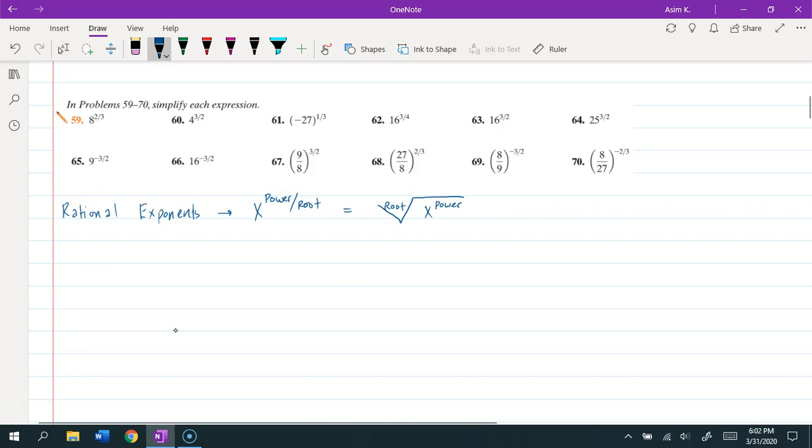There's another way to think of it. These are all equivalent understandings of it. You could also say the root of x, and then you can put it to a power. So what I generally tell people is this: either you can do power first and root later, or, in this second option, you can do root first, so find the root of the number first, and then do the power of it later.